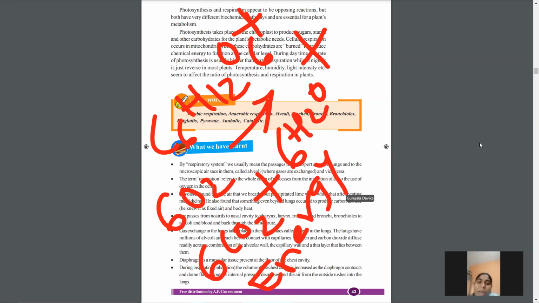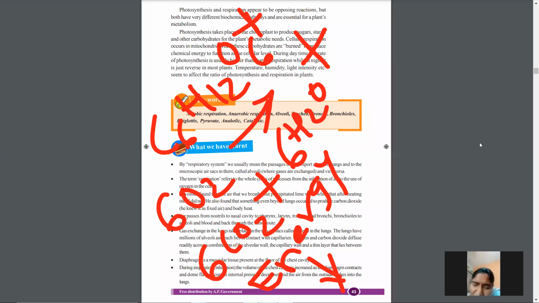So here what is happening? The food molecule formed in photosynthesis can be utilized in respiration. In respiration they take up oxygen. In the presence of oxygen the glucose molecule can be broken down into 6CO2 plus 6H2O to release the energy. This is used for the life processes.